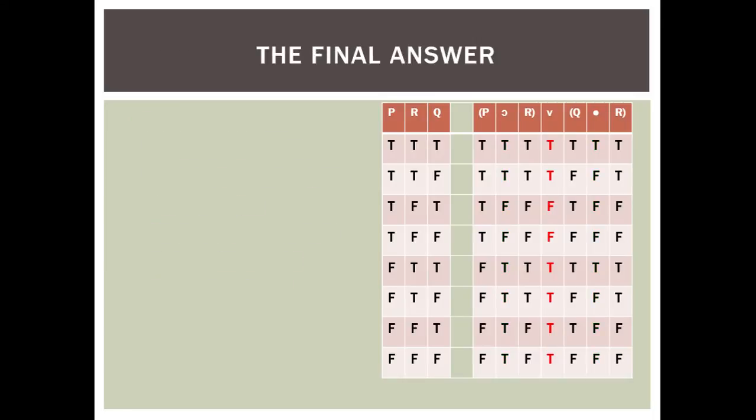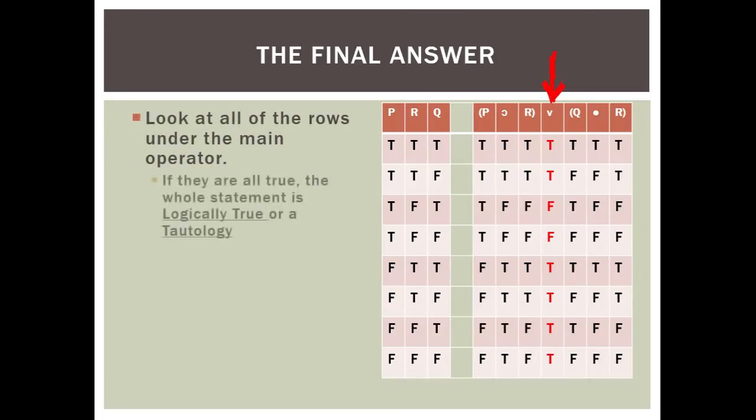So looking at this wedge operator, we got to say something about it. This is the truth value of the whole statement. The main operator is the truth value of the whole statement. And there's some things you can say. Looking at all of the rows under the main operator, so the full column under the main operator, if they're all true, the whole statement is logically true or a tautology.